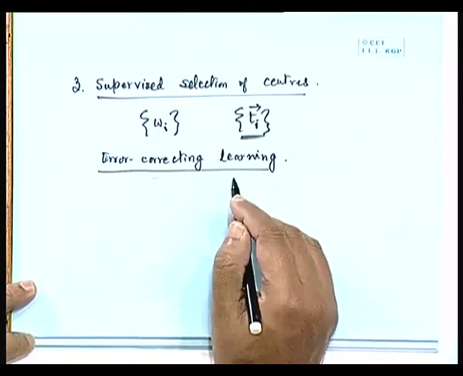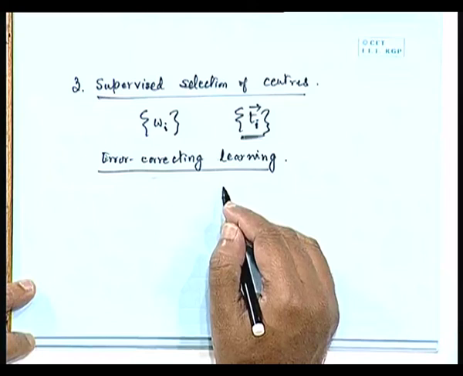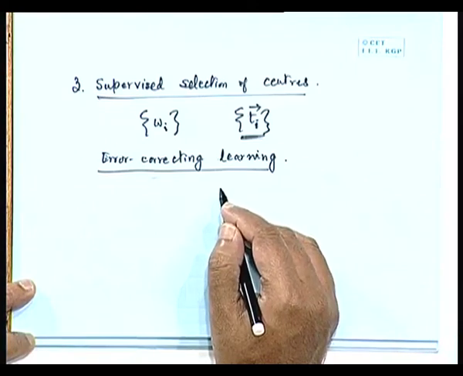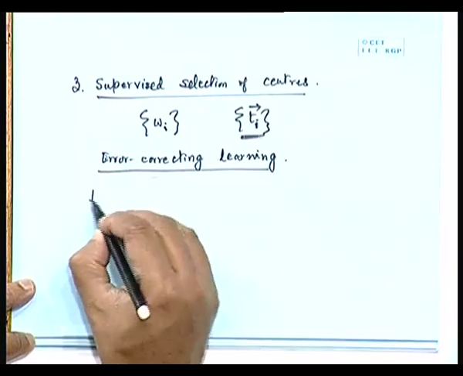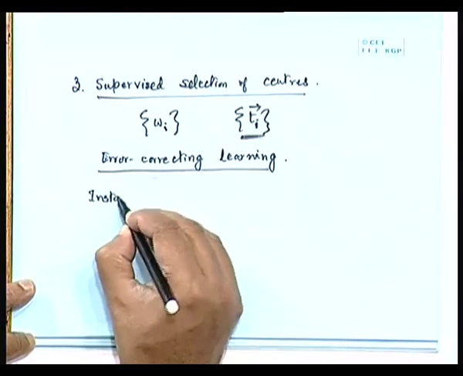In order to have that, we will be talking in terms of the cost function. We can define the instantaneous value of the cost function.